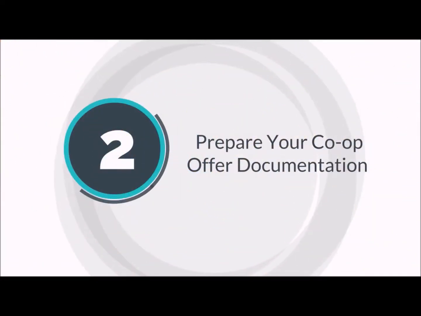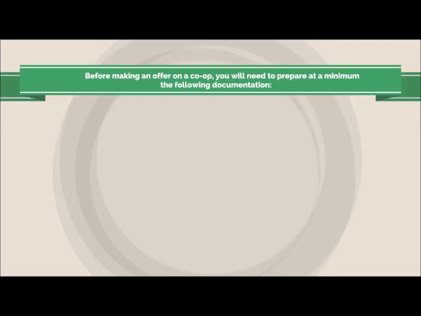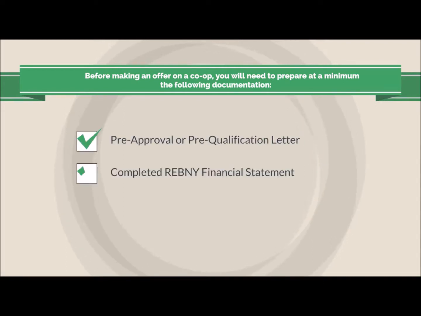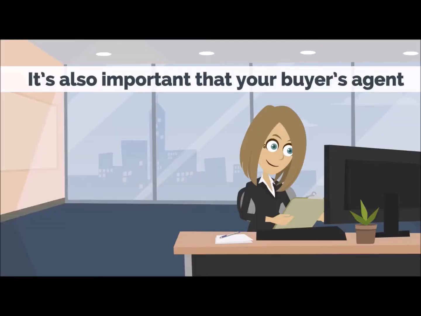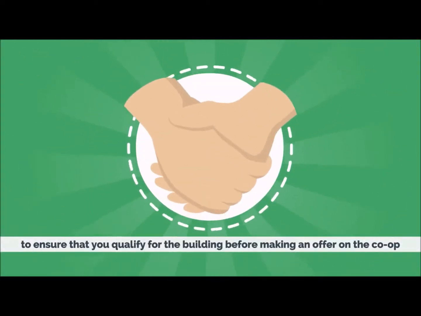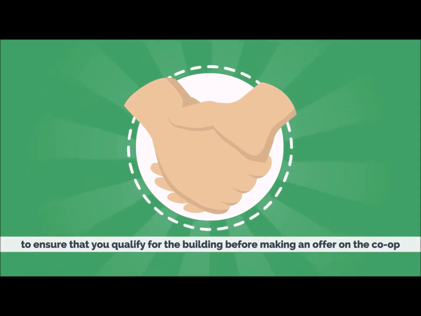Step 2. Prepare your co-op offer documentation. Before making an offer on a co-op, you will need to prepare at a minimum the following documentation: pre-approval or pre-qualification letter, completed RIBNY financial statement. It's also important that your buyer's agent investigate the building's financial requirements to ensure that you qualify for the building before making an offer on the co-op.